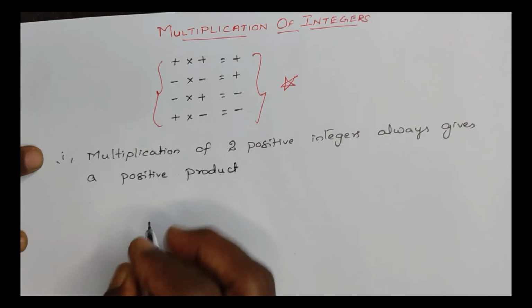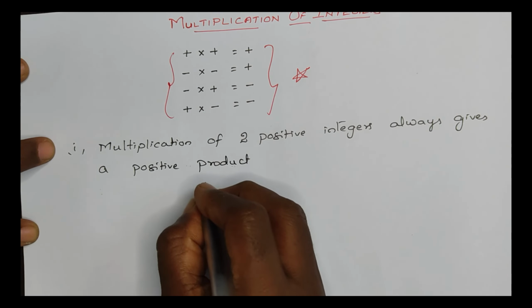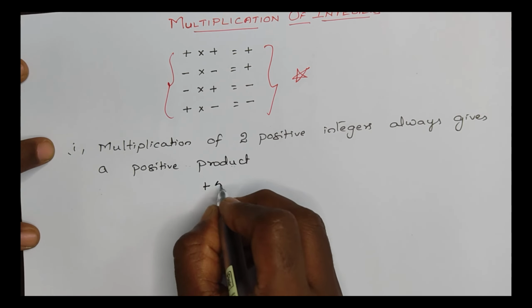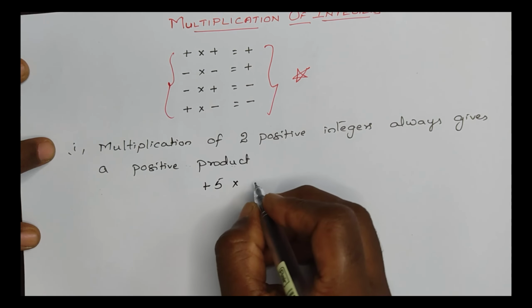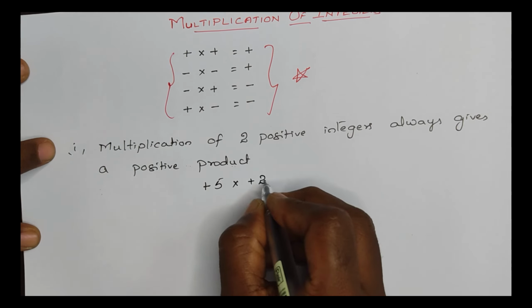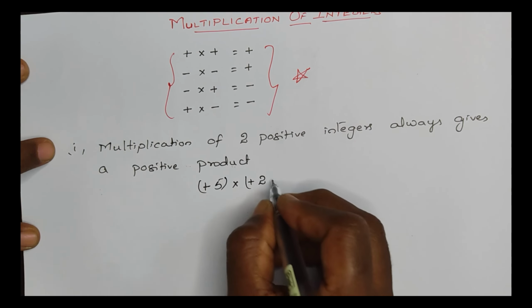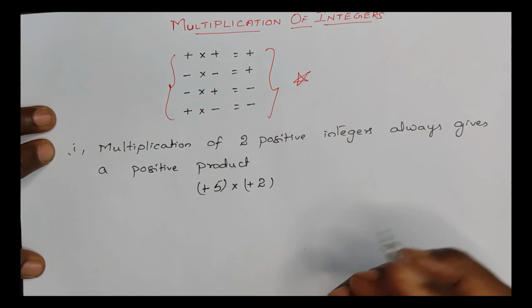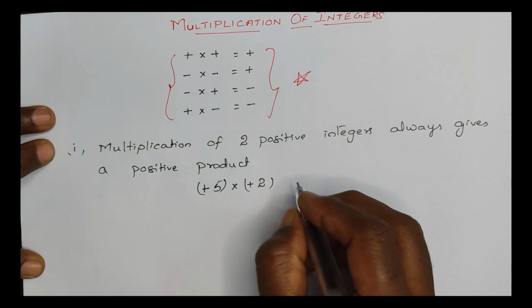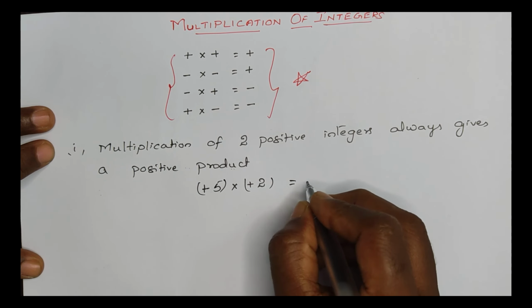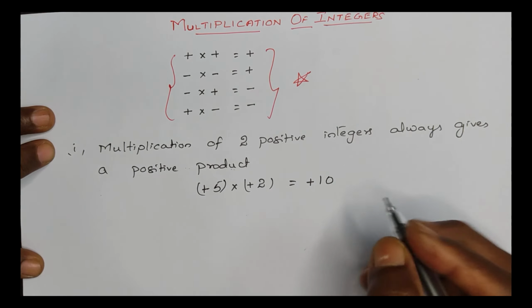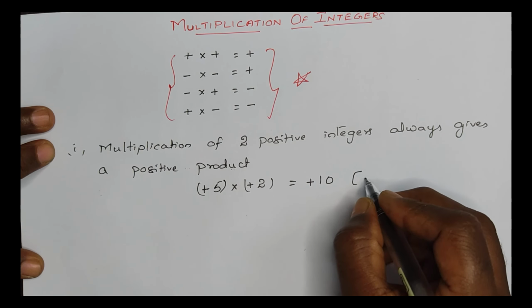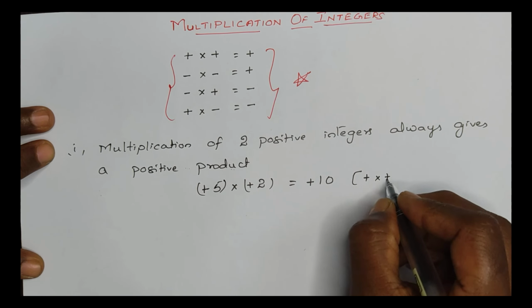So let us see one example. If you are multiplying positive 5 with positive 2, naturally we won't give the symbol plus for a positive number, but to show you this, the answer will be positive 10. Plus into plus gives you a plus.